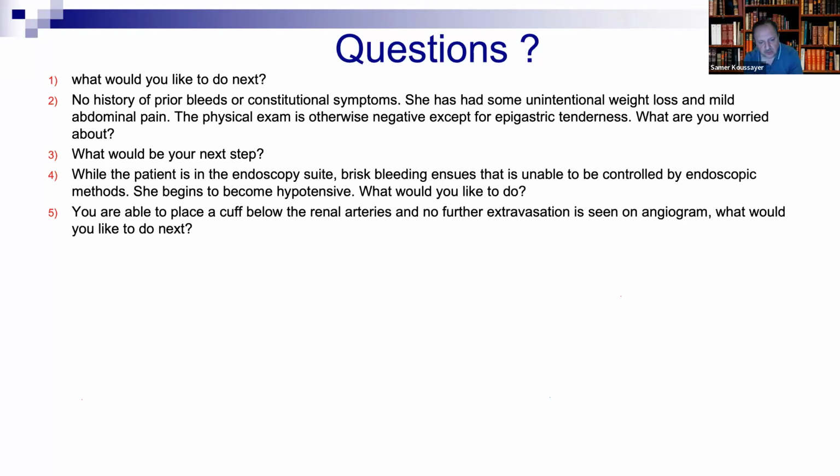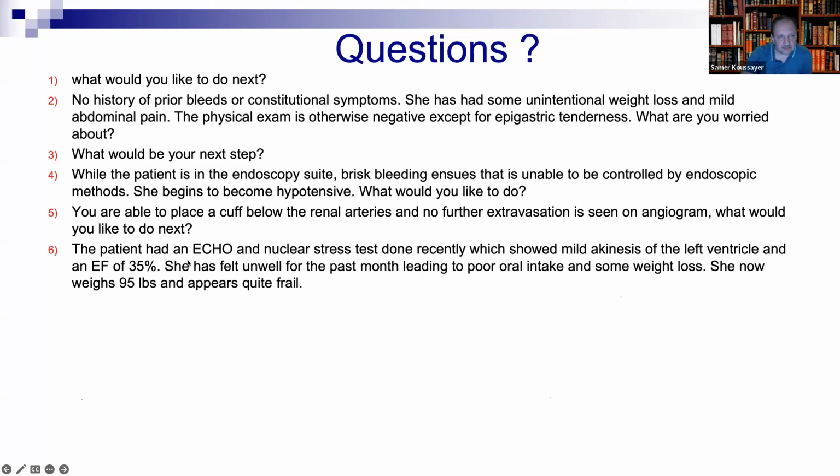So what do you do next? We said we take her to the ICU. We mentioned that. The patient had an echo and a stress test done recently, which showed mild akinesia of the left ventricle, ejection fraction 35. She has felt unwell for the last few months, leading to poor oral intake. She now weighs 95 and appears quite well.